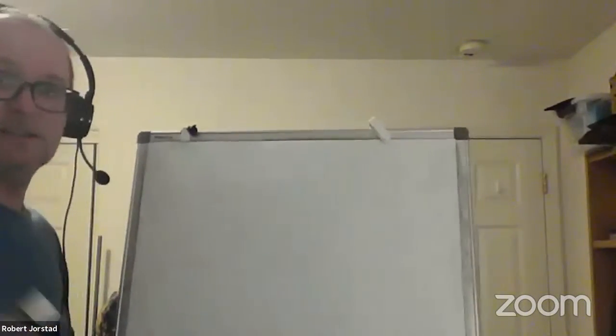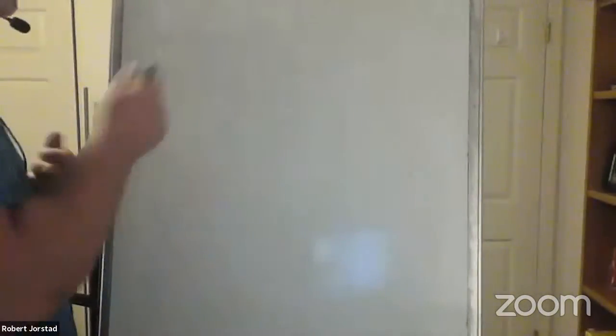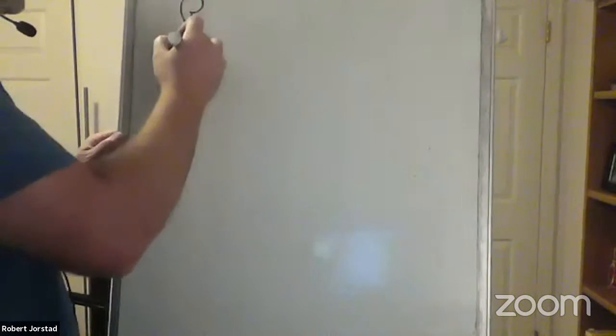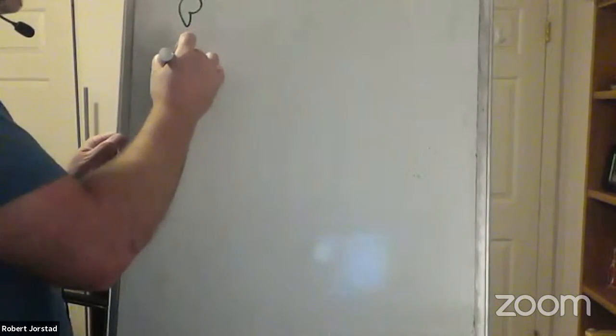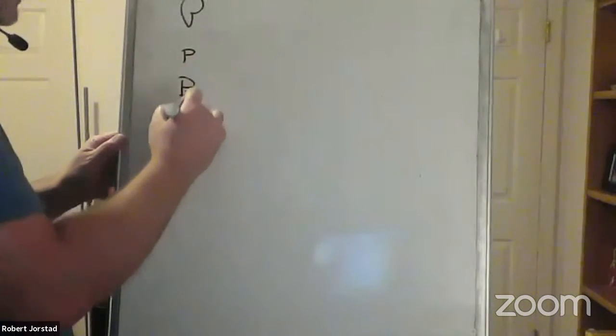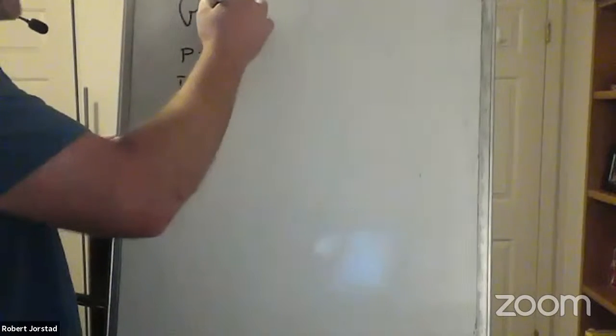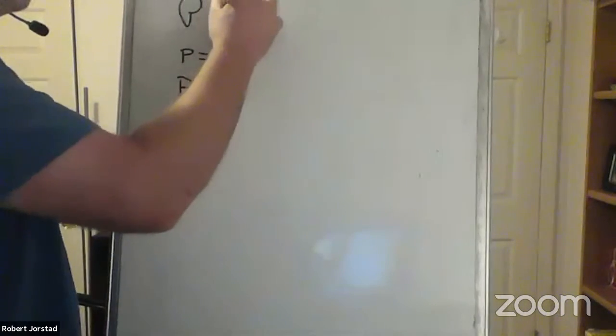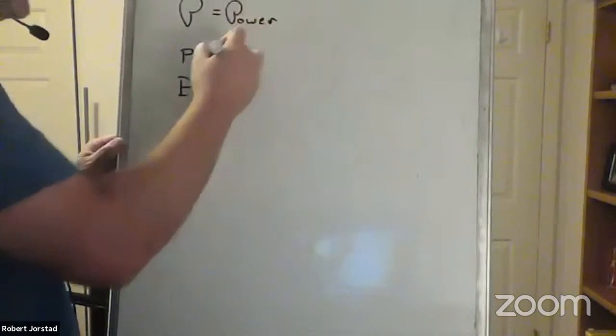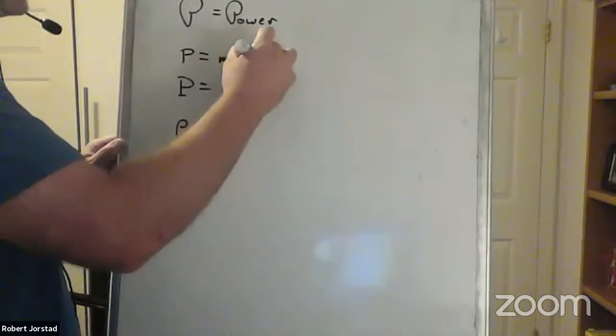Okay. So I'm going to just kind of review some stuff that we talked about last time. So in this case, you remember there was power, there was momentum, there was pressure, and then there's density. So this is power, momentum, that's chapter 9.